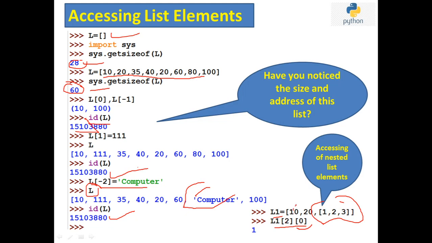Here 2 means 0, 1, 2, this is considered as 2, and this 0 means the first element of this list. If I write 1, the second element of the list. If I write 2, the third element. That means I have to write 2 indexes while displaying nested list elements. Is it clear?